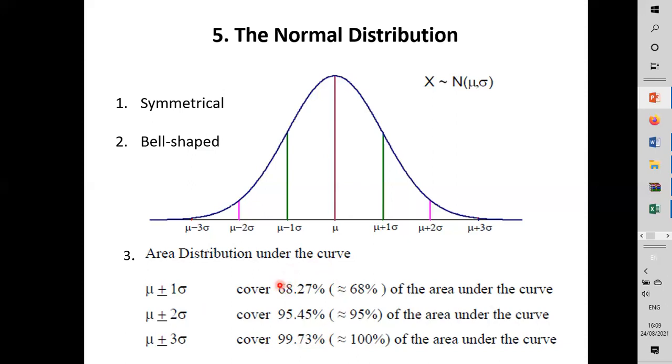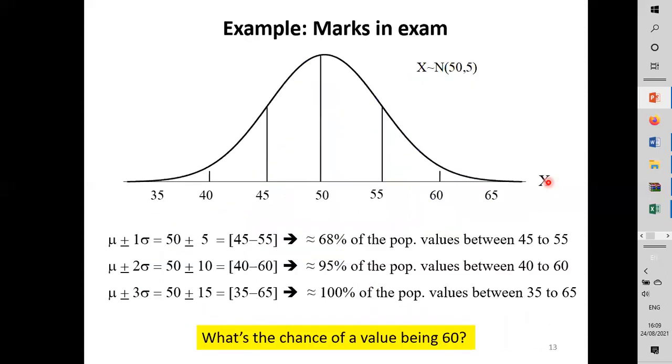We can't be checking all this in your data, so we have some statistics to tell you. One value in the table will tell you whether you can assume normal or not. Example: here the mean is 50, standard deviation is 5. The marks in an exam. So what does it mean?